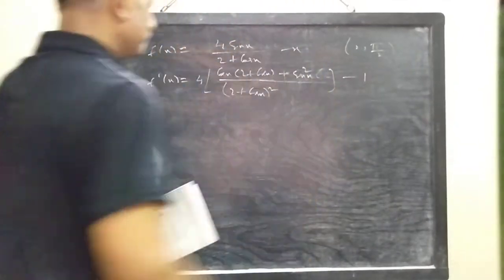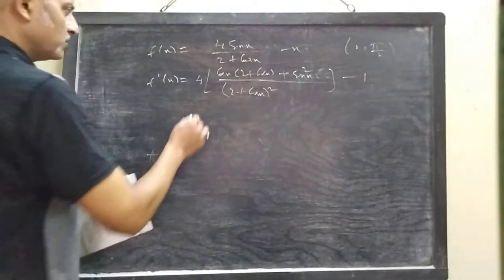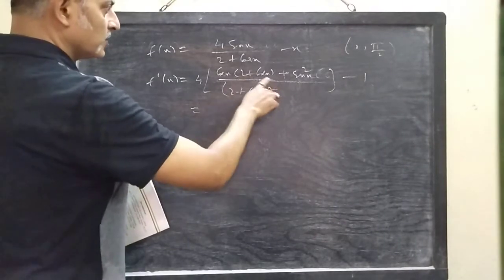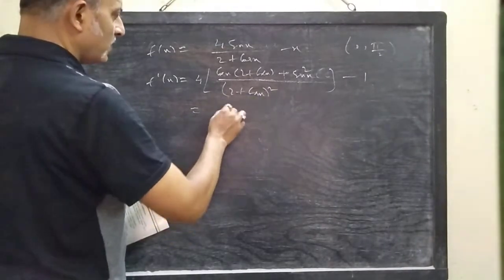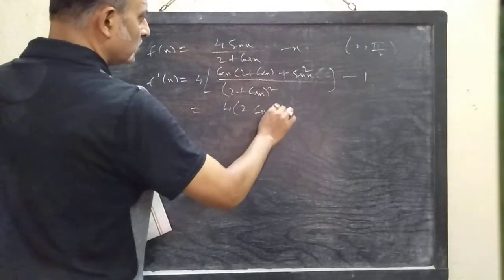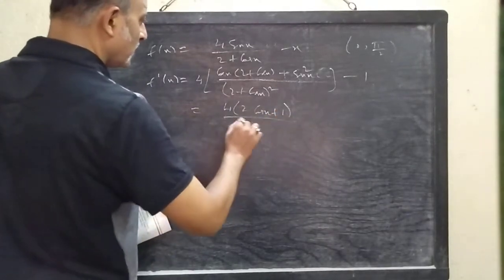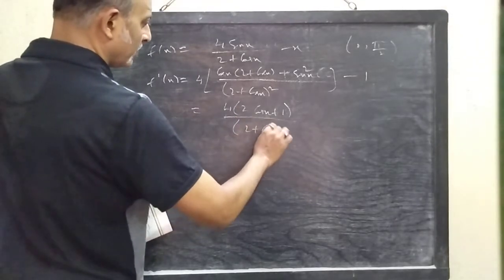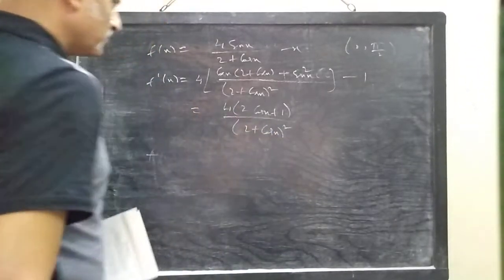And minus 1, so this will become cos^2 x + sin^2 x = 1, plus 4 into (2 cos x + 1) by (2 + cos x)^2.